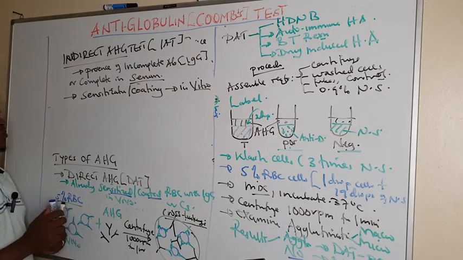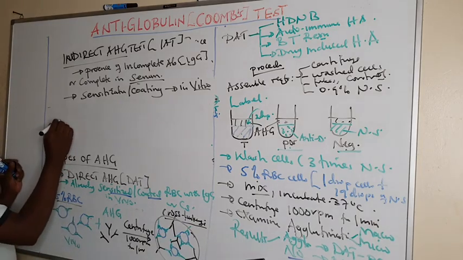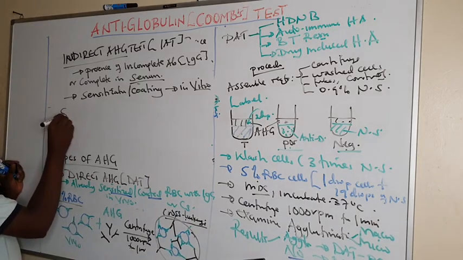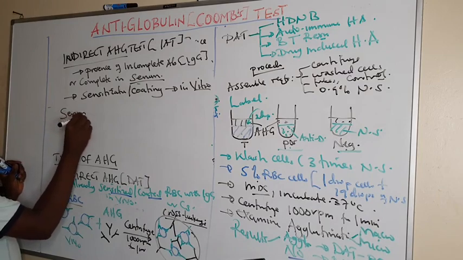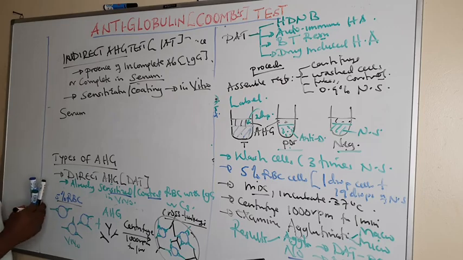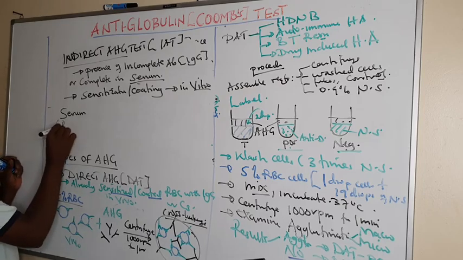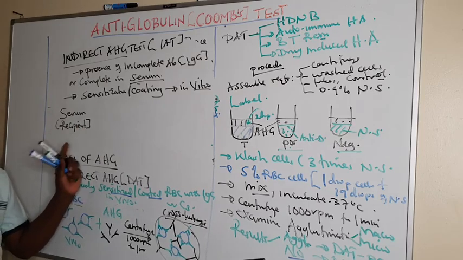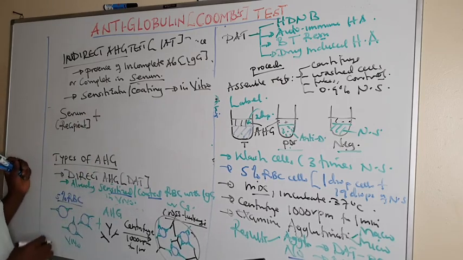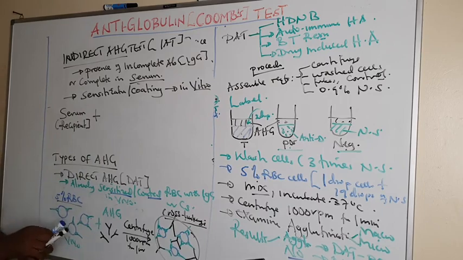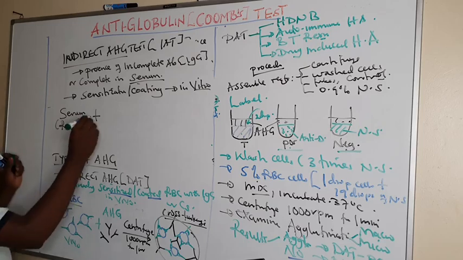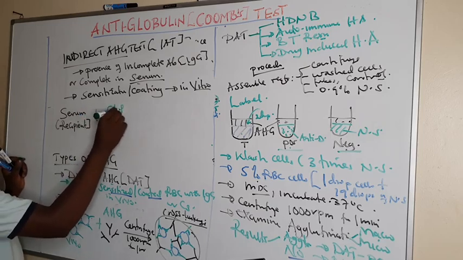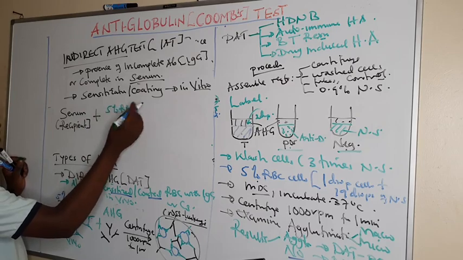And how do we do it? We are going to see that if I have serum, this serum is from maybe the recipient. This one is majorly applied in routine cross-matching. So if this serum is from the recipient, then you go ahead and add 5% RBC, 5% donor cells.